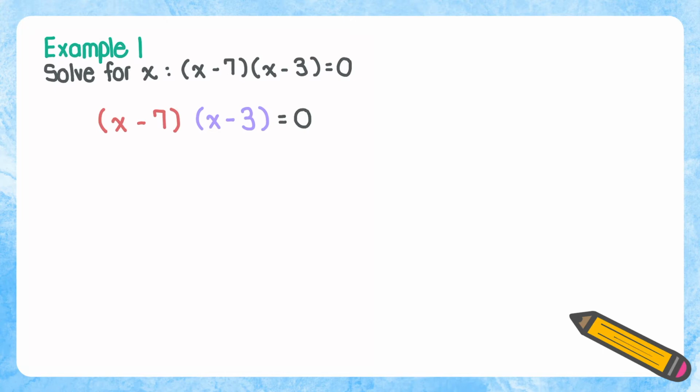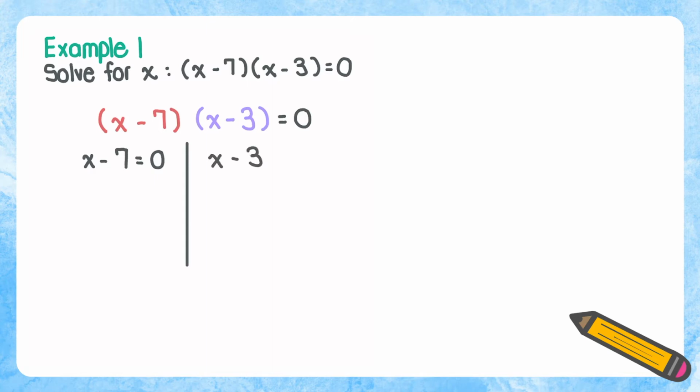So I'm going to draw a line to split the two. I'm working with two things. On the left side, I'm going to set x minus 7 equal to 0. And on the right side, I'm going to set x minus 3 equal to 0.